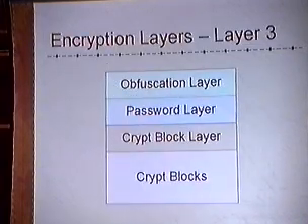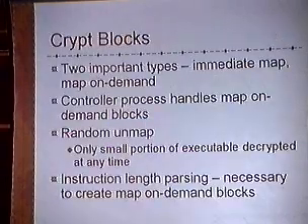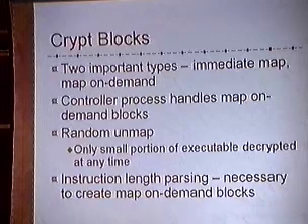The third layer is the crypt block layer. The way this works is the executable is divided up into hundreds and hundreds of different blocks of data or blocks of code. These are encrypted and decrypted at different points within execution.